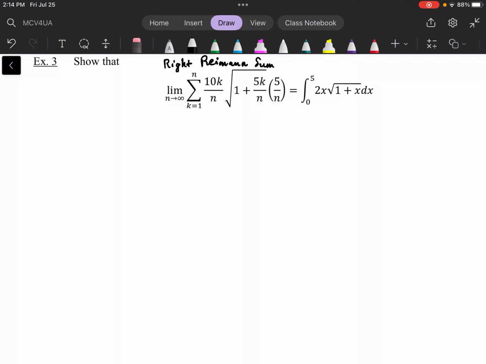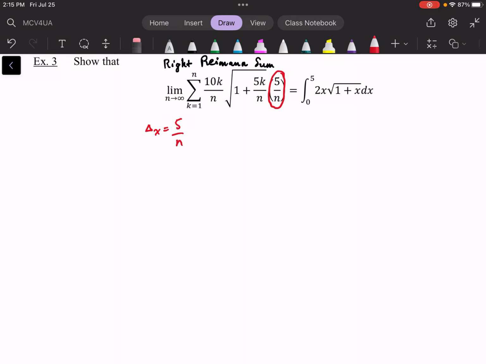That's something we've got to notice for sure. Next part, look at this 5 over n part. We can set our change in x value to be 5 over n.